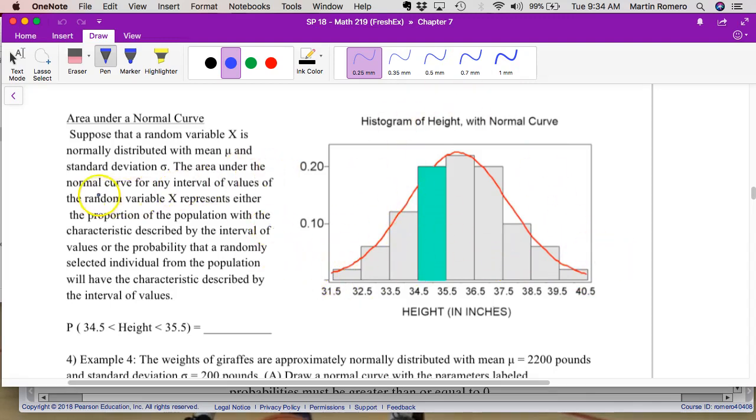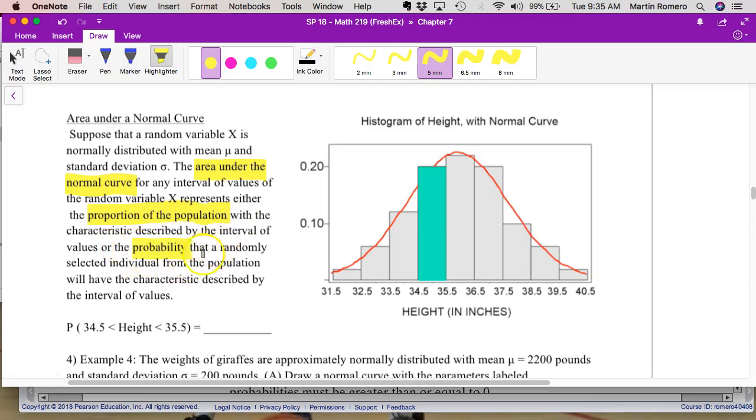The area under the normal curve represents either the proportion of the population with the characteristic described or the probability. So remember, here's the key connection: the area under the normal curve is connected to the proportion of the population or the probability.